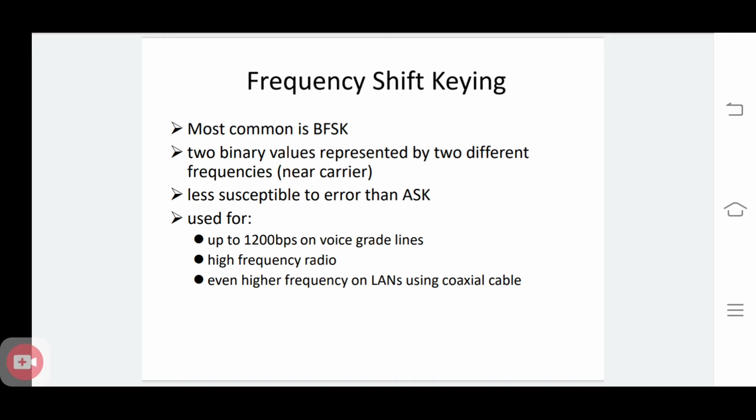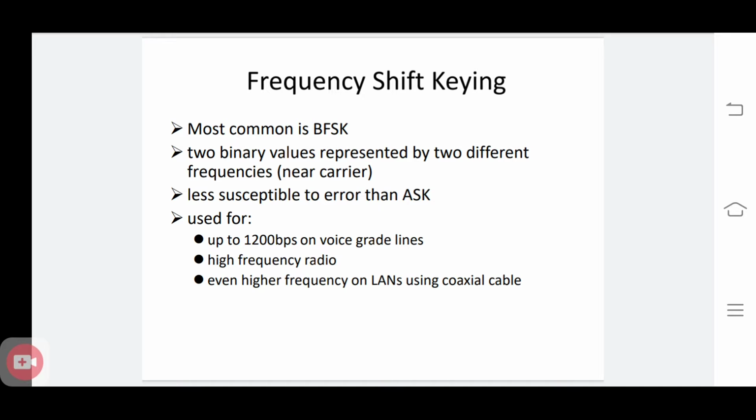Here two binary values are represented by using two different frequencies. Okay, we have two binary data, binary 0 and binary 1. For representing binary 0 and binary 1, we are using two different frequencies. And what are the applications, or the uses, of this frequency shift keying?